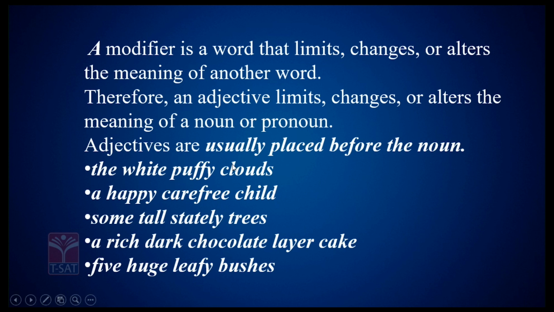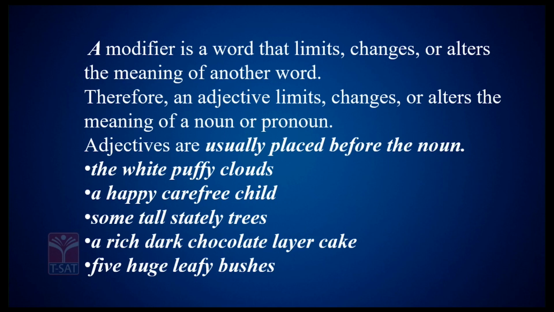See here some of the examples which are being given for your reference. The white puffy clouds, a happy carefree child, some tall stately trees, a rich dark chocolate layer cake, five huge leafy bushes.